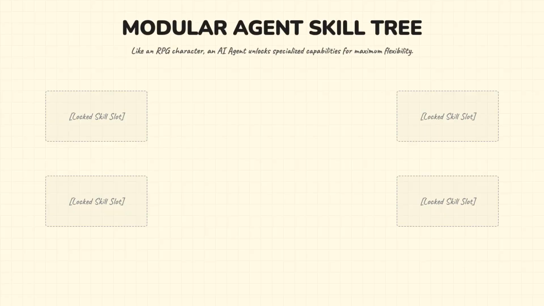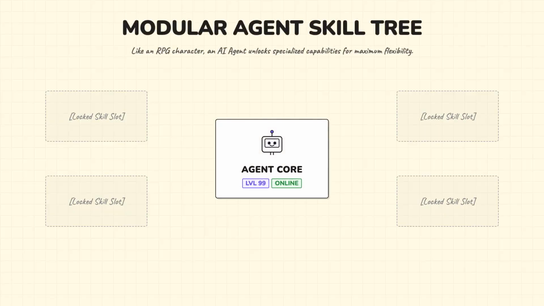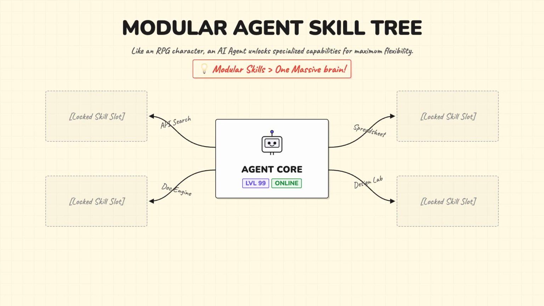Finally, we have skills. Just like in a video game where your character unlocks modular, specialized skills like stealth, hacking, or healing, an AI agent relies on specific, reusable capabilities. Instead of building one massive, complex brain that tries to do absolutely everything poorly, developers create modular skills.